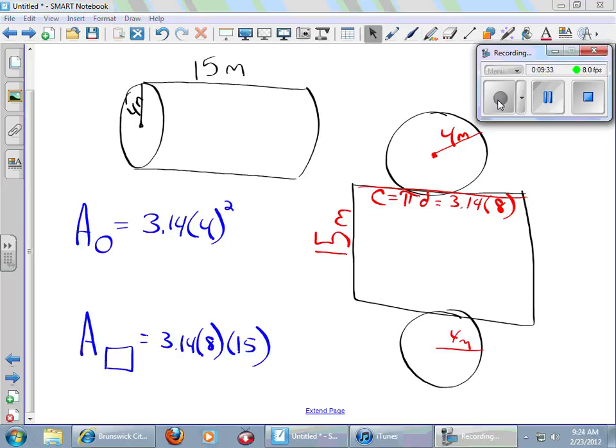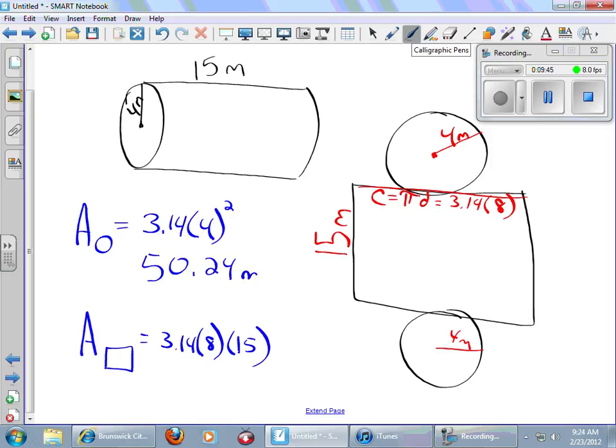Okay, there's my work over to the left. I'm going to do 3.14 times 4 squared, which ends up, oh no, I'm not in right mode, 50.24 meters squared. And remember, that is the area of this circle and it is also the area of that circle.